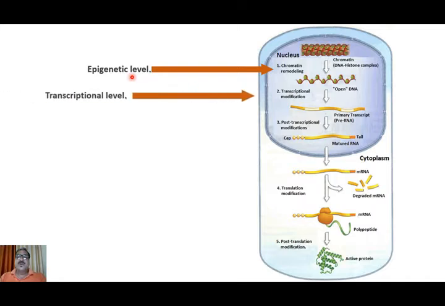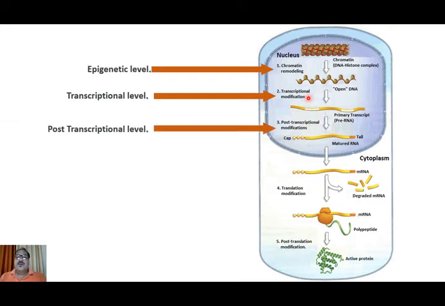Second is when the RNA is transcribed. This we call the transcriptional level. Third is when the post-transcriptional modifications take place. That is, the primary transcript undergoes modifications to give rise to a mature RNA. This level of regulation we call post-transcriptional regulation.